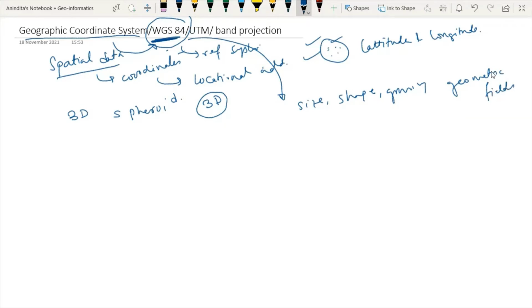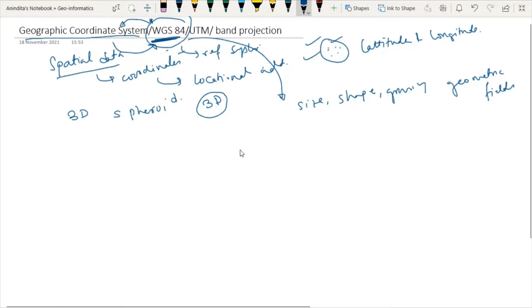Everything is depicted by this WGS 84 concept. So this is the basic concept that we have to keep in mind whenever we are learning about the geographic coordinate system. Now, in this geographic system, we have some more concepts.